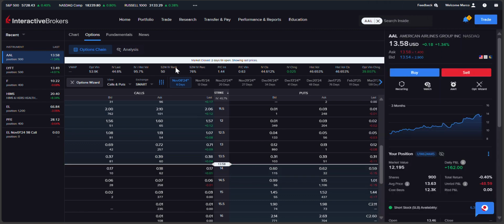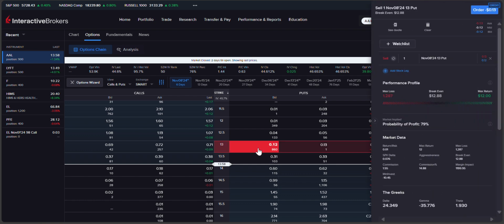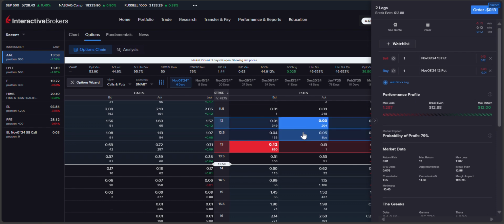So, for example, American Airlines stock is trading at 13.58 by the time markets closed on the previous trading day. And so we have to do the following. For example, we sell this option, and then we buy this option right here.